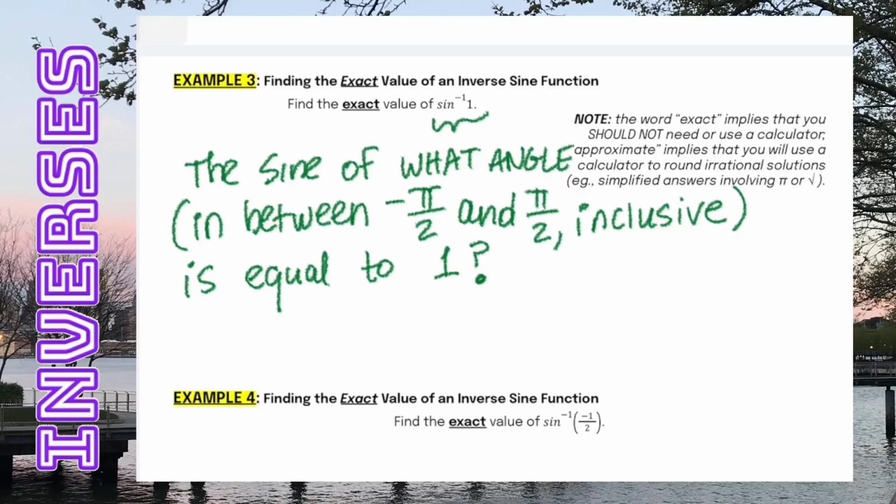So the sine of what angle, such that the angle is between negative pi over 2 and pi over 2, inclusive, including those values, is equal to 1.